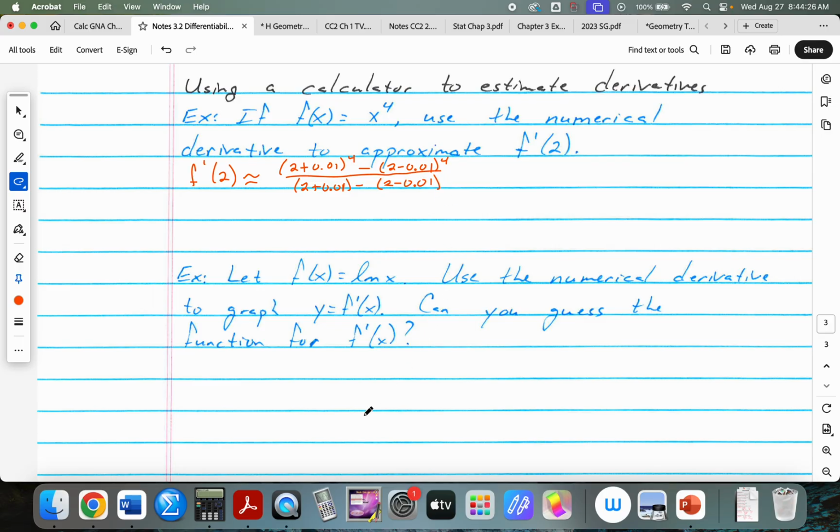I'm just pointing out that the reason that it's 2h is because we're still doing a slope.